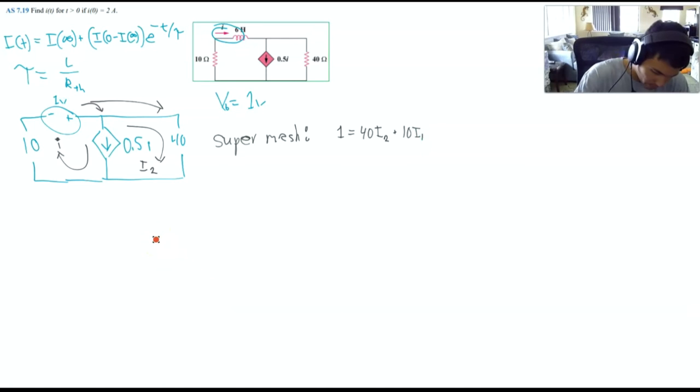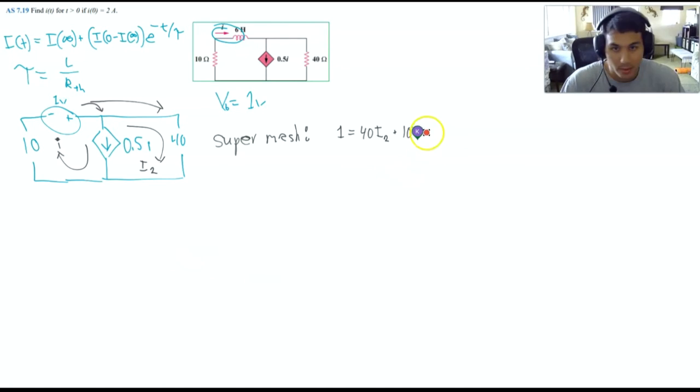Not I1, we'll just call it little i. So this is the equation that describes this super mesh. This is not that useful because we have one equation, two unknowns, so we need one more equation.